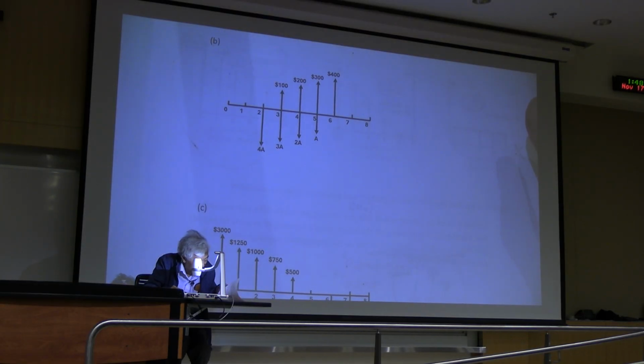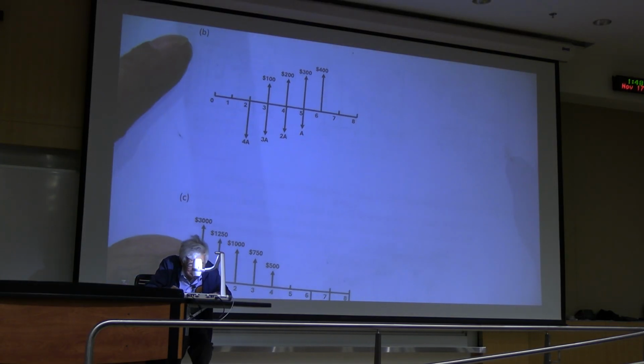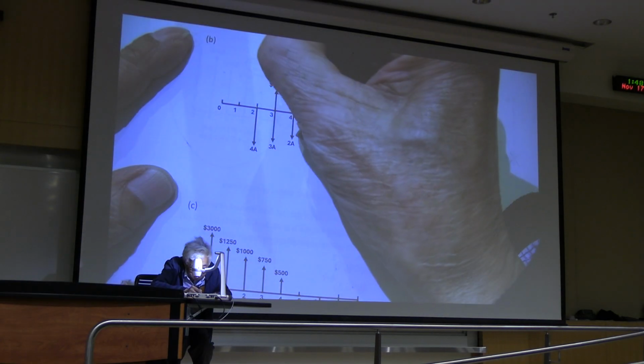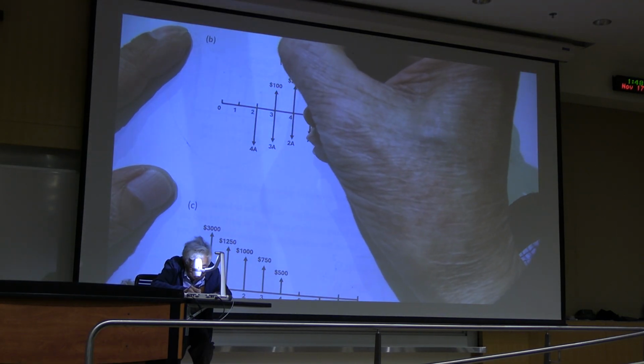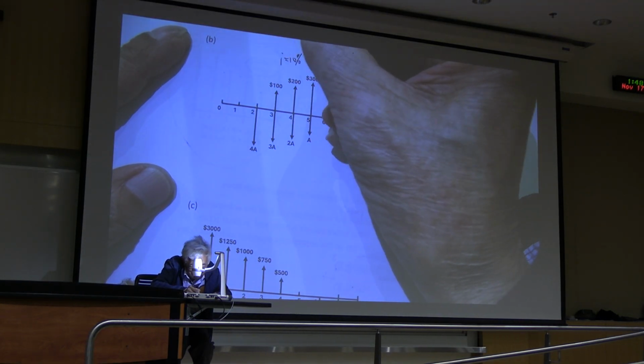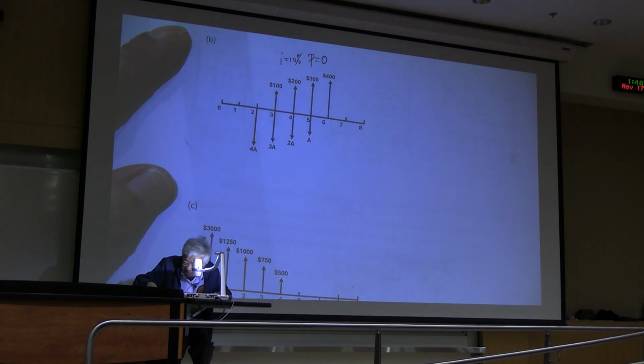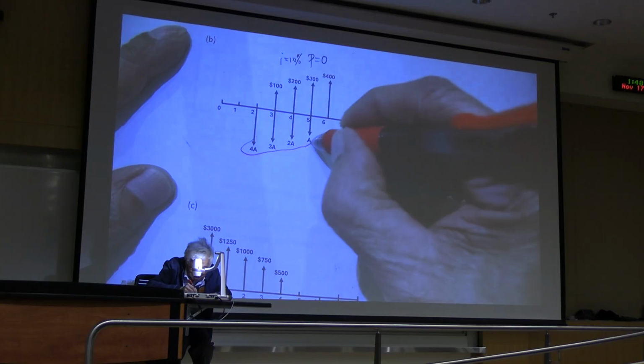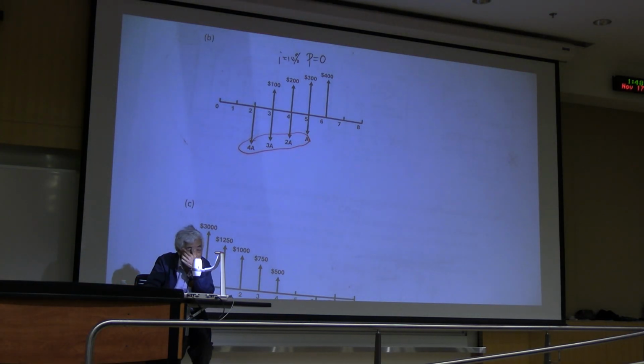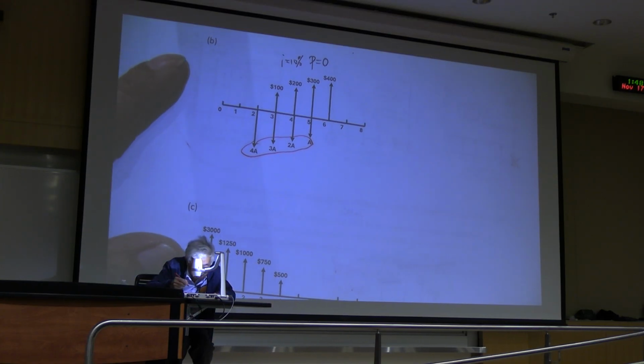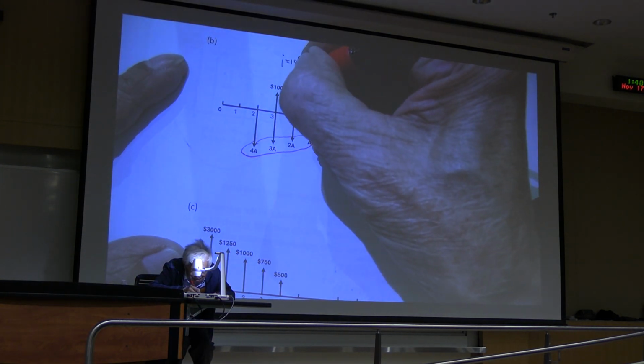With our second question, the same: i equal 10%, present value equal 0. Can we find out solving for A? First, you look at this.